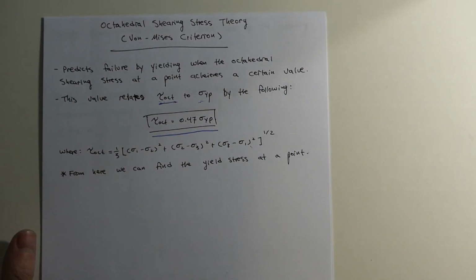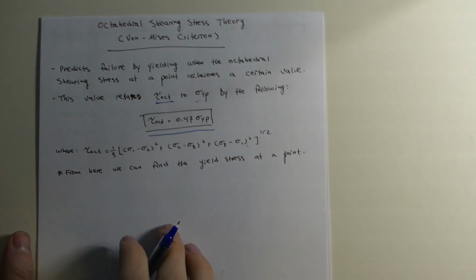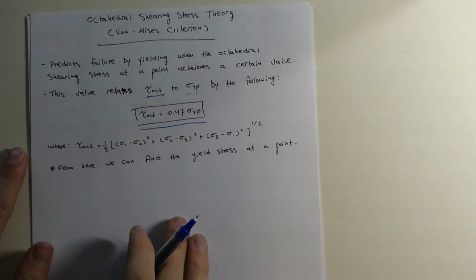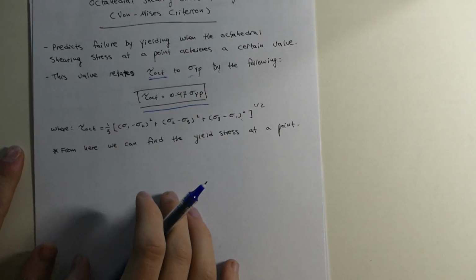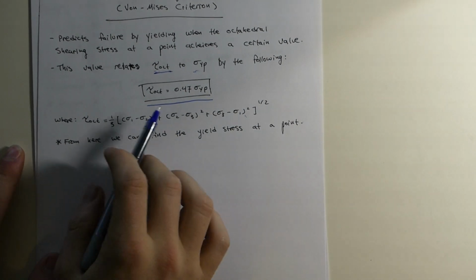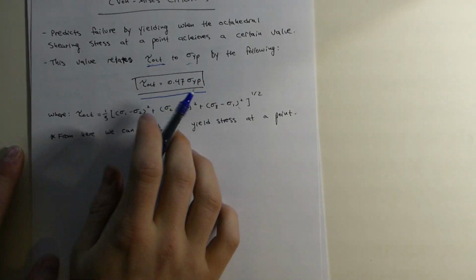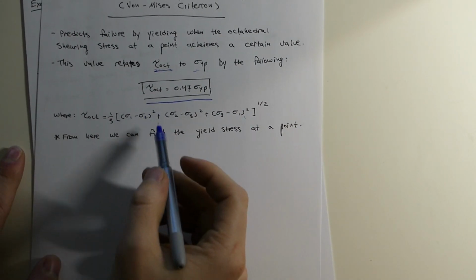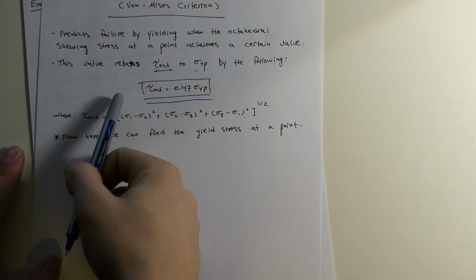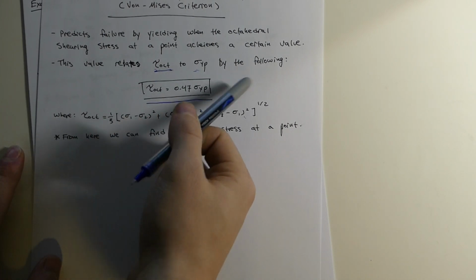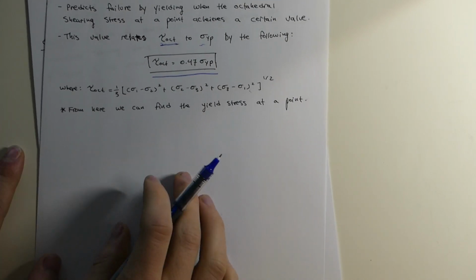Okay, so in this video we're going to be going over the octahedral shearing stress theory, which is also known as the von Mises criterion. Basically what this does is it predicts failure of a structure or an element or anything when the octahedral shearing stress at a point achieves a certain value. This value is found using this equation, and it relates the octahedral shearing stress to the yield stress by this equation.